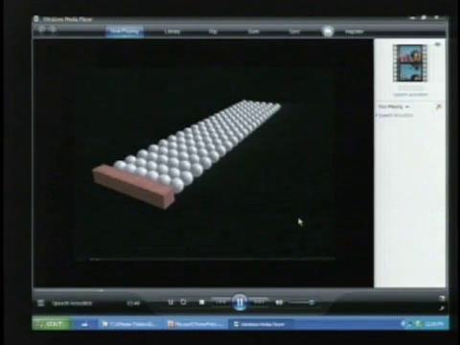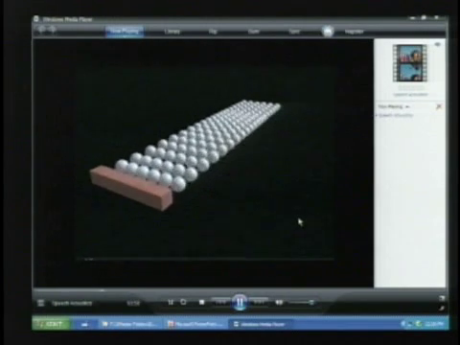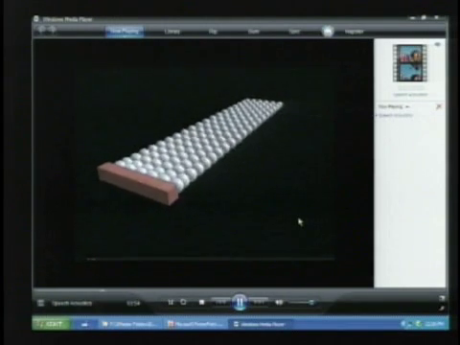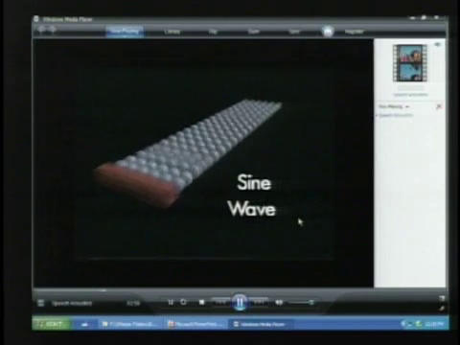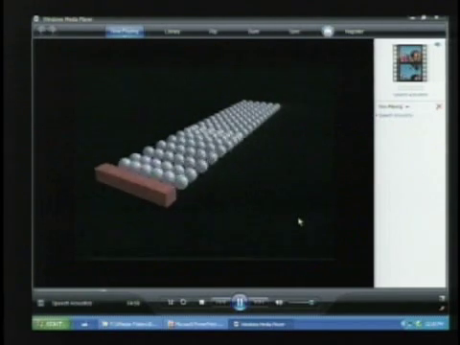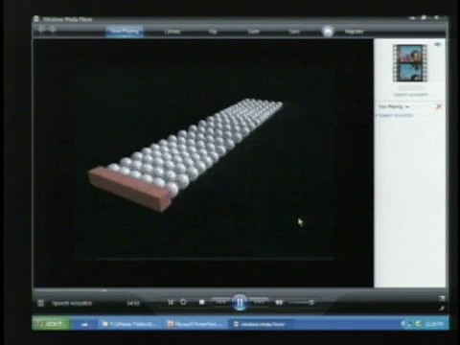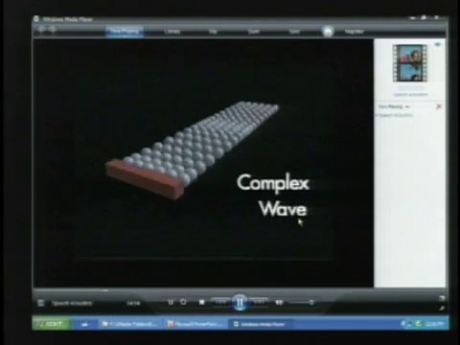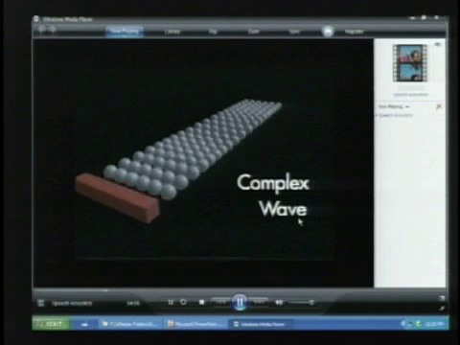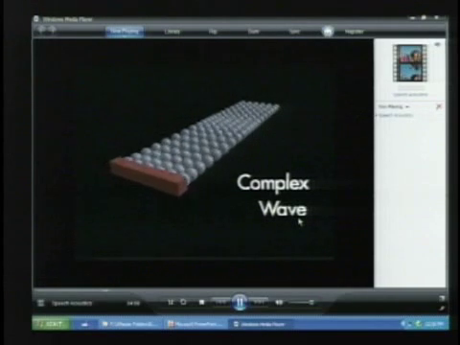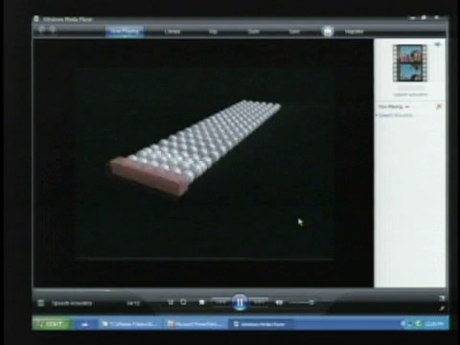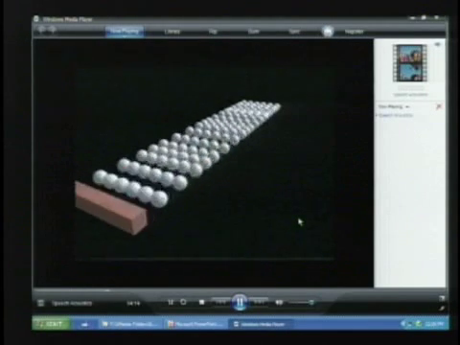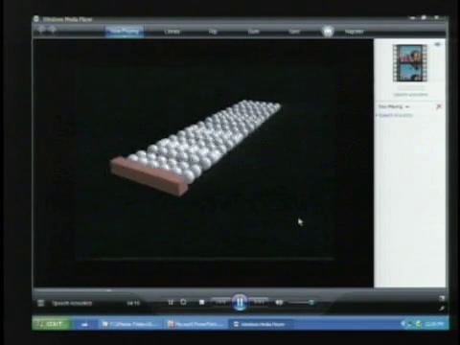We have been disturbing the air particles with a smooth and steady back and forth motion, which produces a wave called a sine wave. Now let's disturb them with a complex motion, which produces what is called a complex wave, a wave that has within it smaller compressions and rarefactions. If we disturb them with a different complex motion, we create a different complex wave.